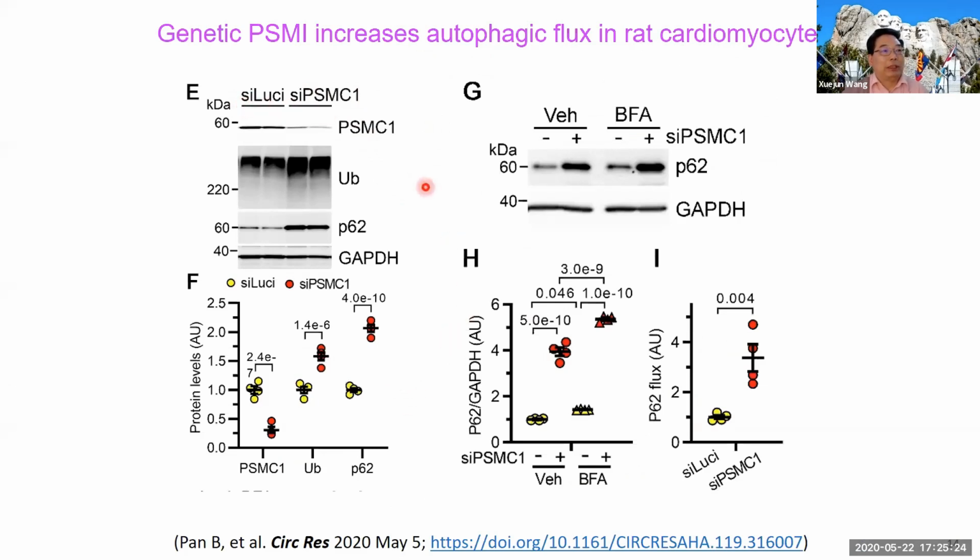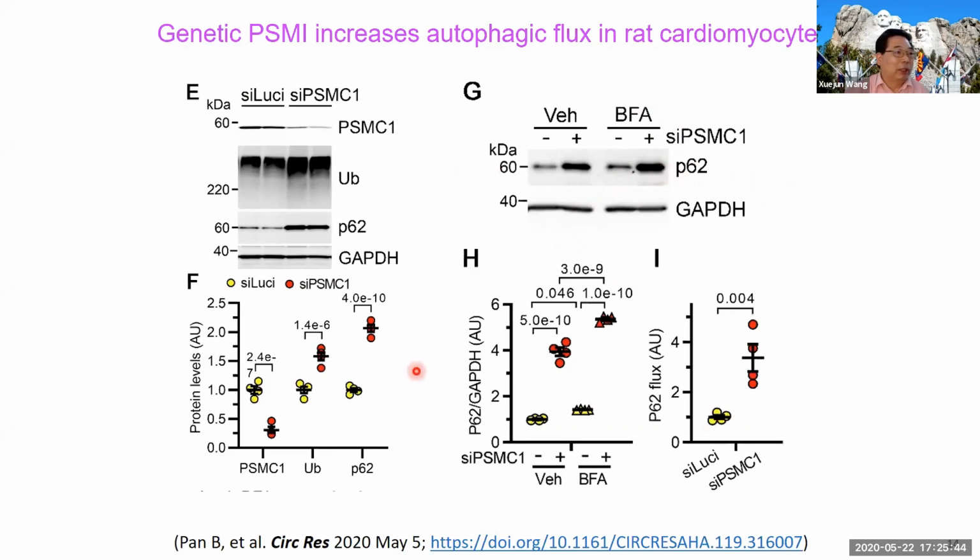And similarly, you can see here the knockdown increased P62, and the inhibition of lysosome further increased P62, in the knockdown cells much more dramatically than in the control cells.